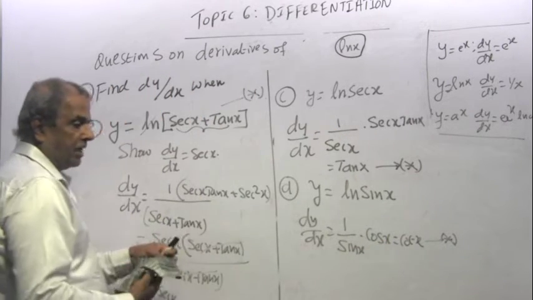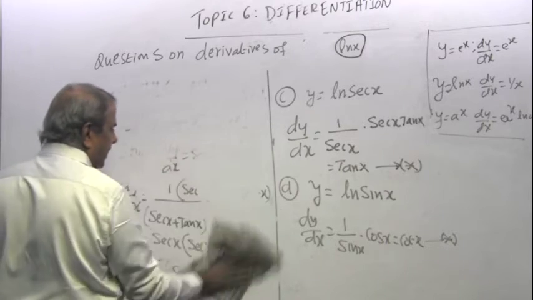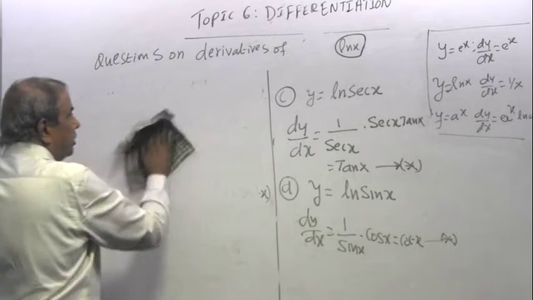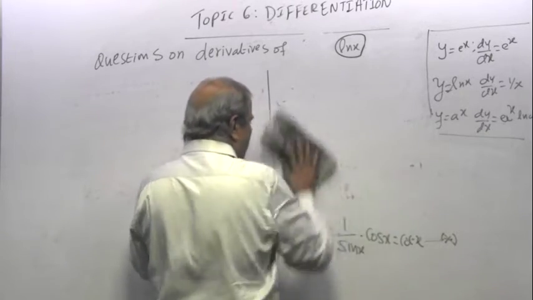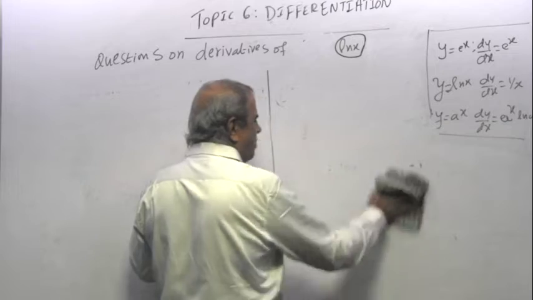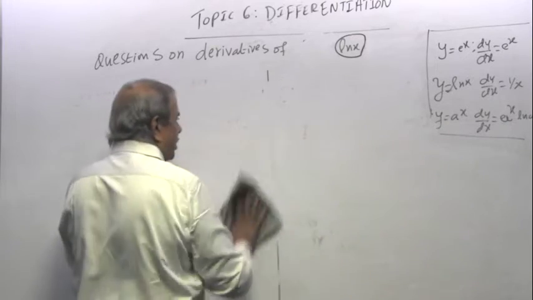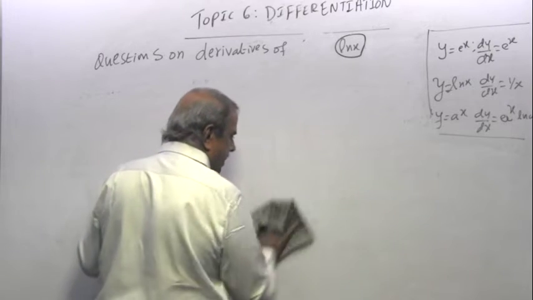I've got two more examples to do on logs before I proceed further. So I will take them up as separate examples and do them. I'm just trying to show you how to apply onion rule, quotient rule, product rule, whatever rule you think of, to logarithmic functions.